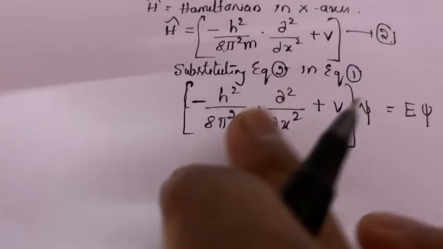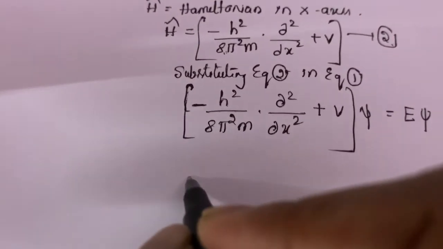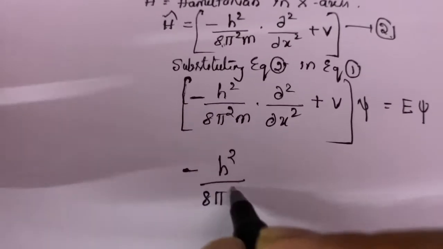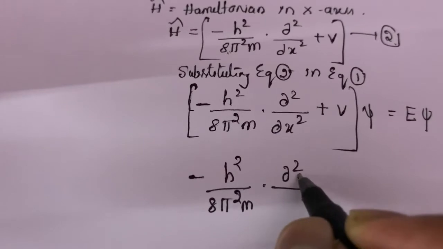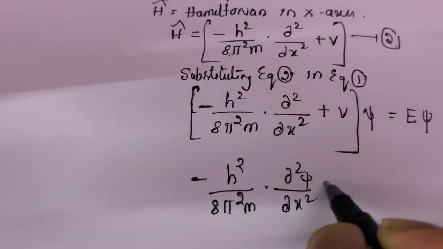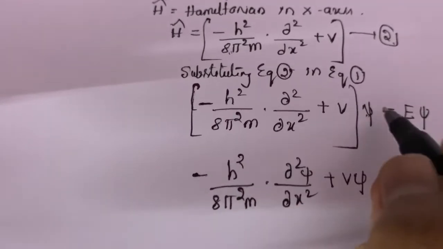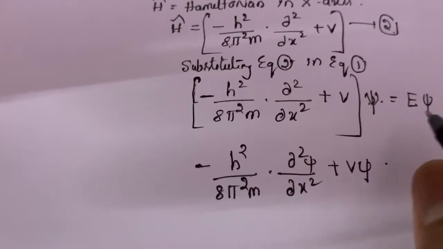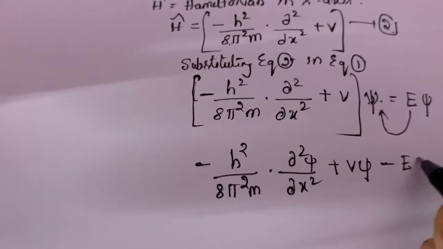We can also write this equation in another form, that is minus h square upon 8 pi square m dou square psi upon dou x square plus V psi, just multiplying each term with psi, equals E psi. If I take this to the other side, it becomes minus E psi equals 0.